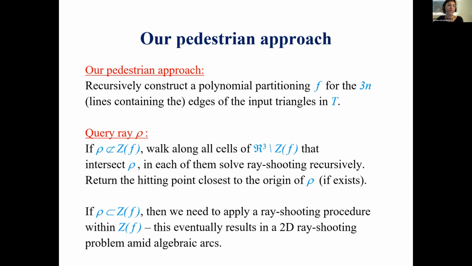In such a case, the pedestrian approach implies that we walk along the cells that meet the query ray rho, and in each of them we solve the ray shooting problem recursively. Then we return the first hitting point that is closest to the origin of rho, if it exists. And if the ray rho is contained in the zero set, then we apply a separate ray shooting mechanism within the zero set, which eventually boils down to a two-dimensional problem. Eventually, what we need to solve in this case is a two-dimensional ray shooting problem amid algebraic arcs.